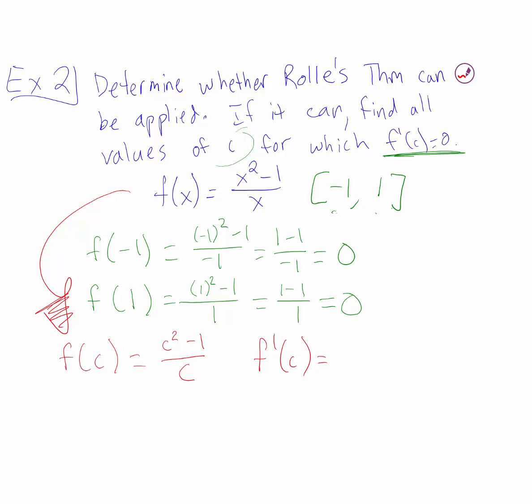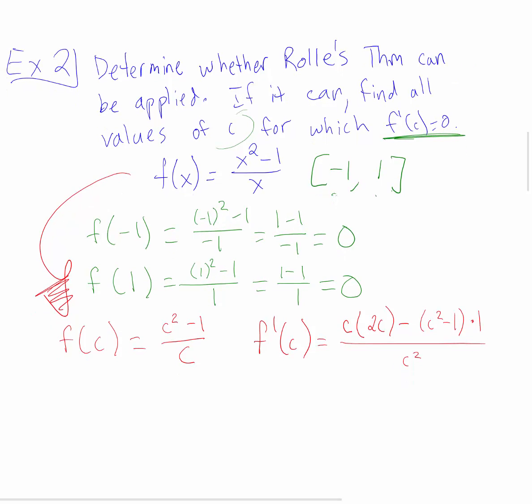So that's going to be the bottom, low d high, would be c times 2c, minus high d low, would be (c squared minus 1) times 1, over low squared, c squared. And then we would have f prime of c. Also, we don't have to do the chain rule because this is f prime of c and we have c's.